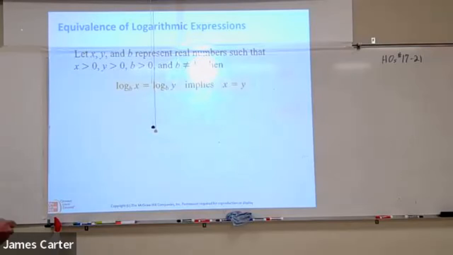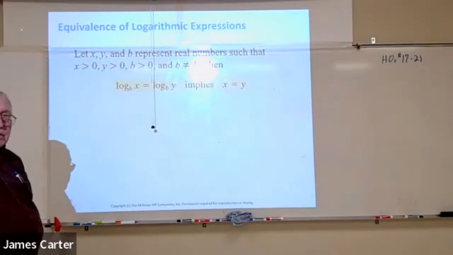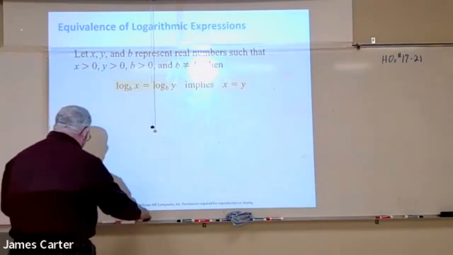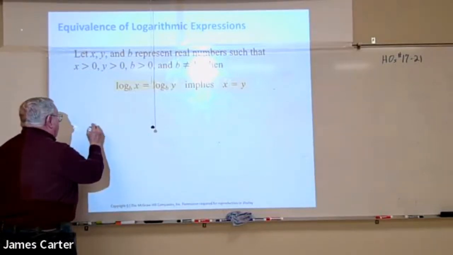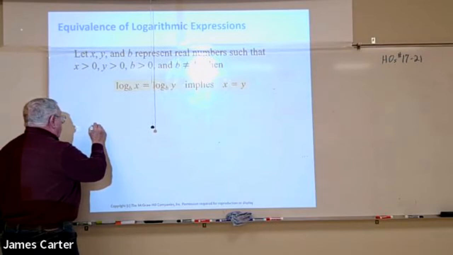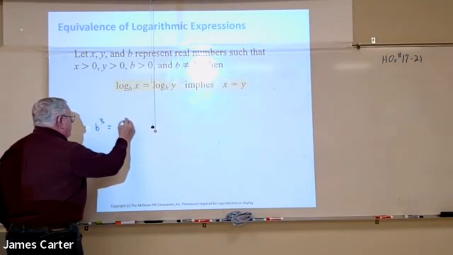Now, here is another rule. We've done something similar to it before. Remember when we were doing exponents and I had b to the third equals b to the x minus 2?